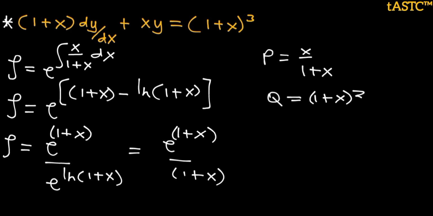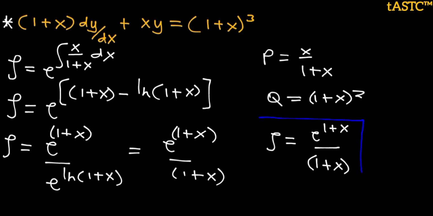So in this case, the integrating factor rho is equal to e to the power of 1 plus x divided by 1 plus x. This will be very handy as we try to solve it.